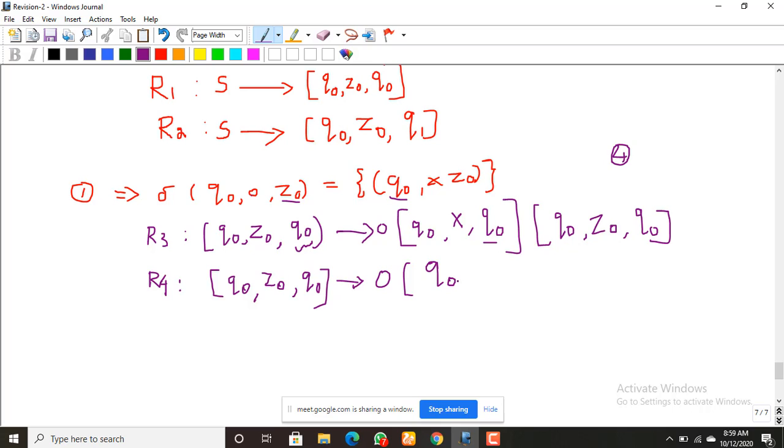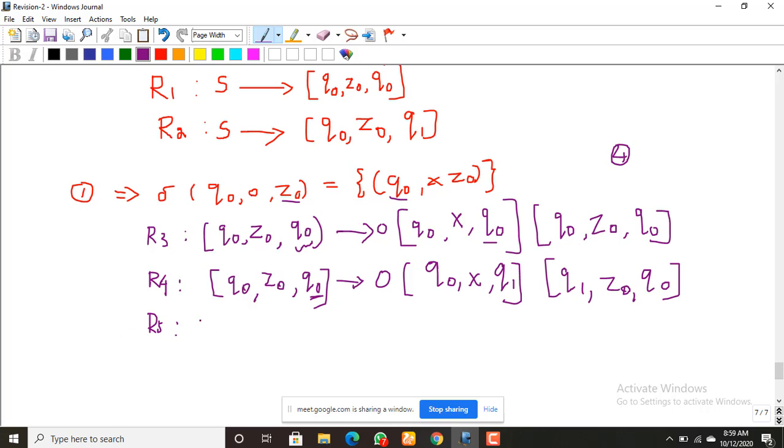So Q0, again this X case. This is the case for Q0 and this is the case for Q1. The previous one is Q0 and this one is Q1; it ends with Q1, so it starts with Q1. This case for Z0, it ends here with Q0, so it also ends with Q0. This is rule number 4.